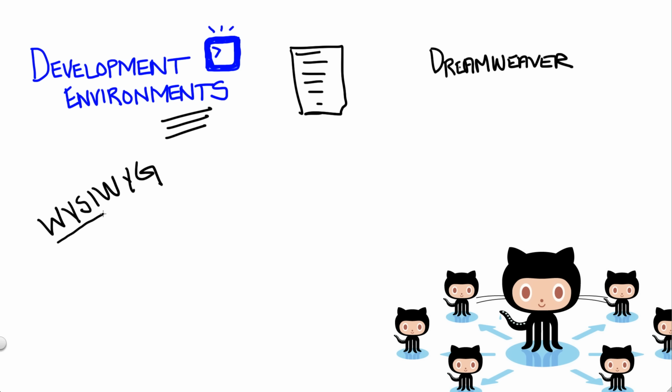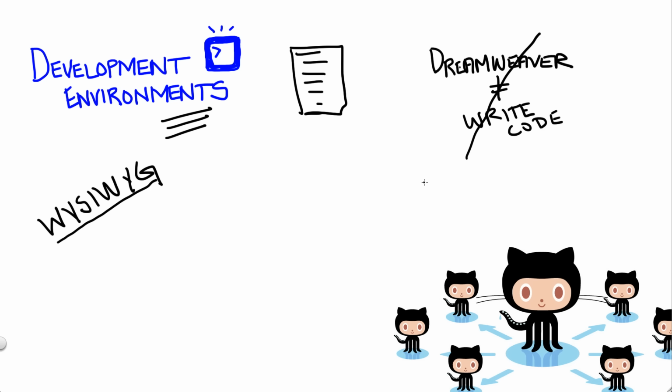And for those not familiar with WYSIWYG, it's kind of a pseudo text editor, but what you're actually doing is manipulating images and blocks of text and titles and font sizes and building what you want to see visually, and you're allowing Dreamweaver to write the code. We do not want to allow Dreamweaver to write code. We don't want this.